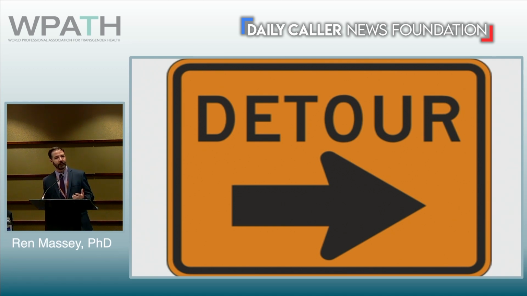But after I finished graduate school, I came out and really connected with the lesbian and gay community and did a lot of work and became established in the Atlanta, Georgia area as a psychologist specializing in that area.